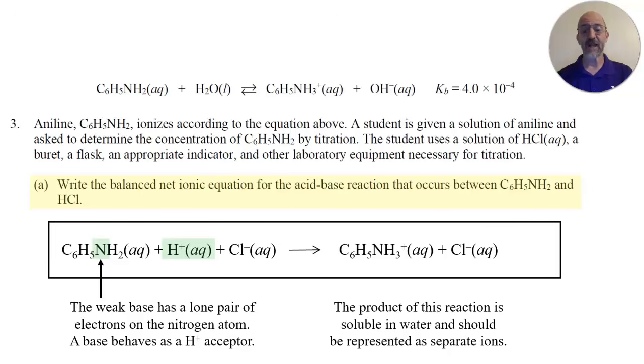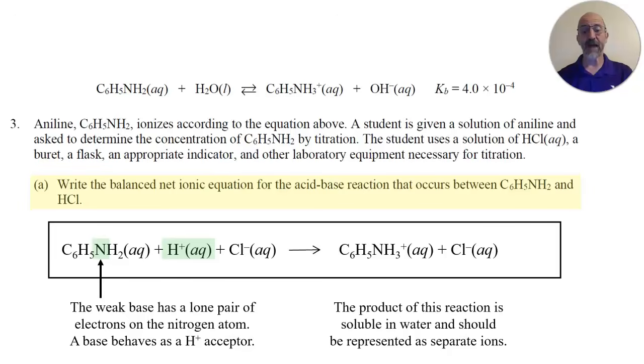There's no solid. So let's assume that all of the products of an acid-base reaction are soluble unless the AP Chemistry exam question says something about a precipitate or a saturated solution or a solid. We can assume that the products of an acid-base reaction that takes place in aqueous solution remain aqueous.